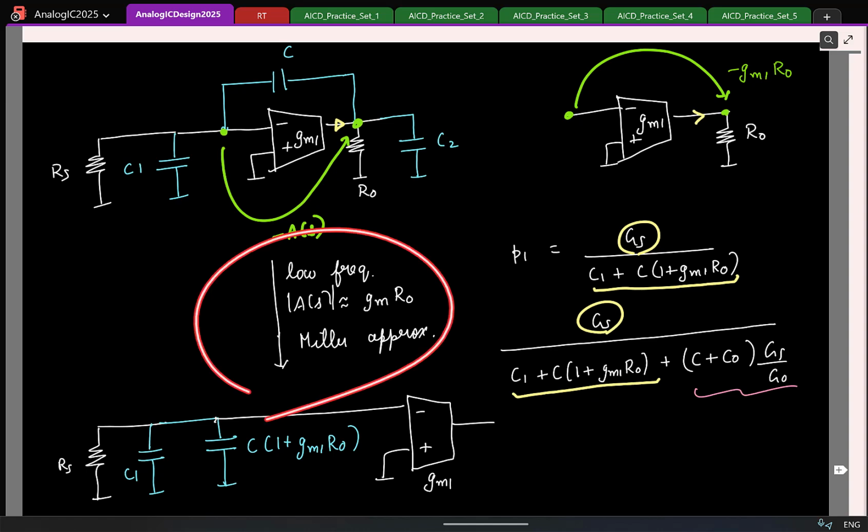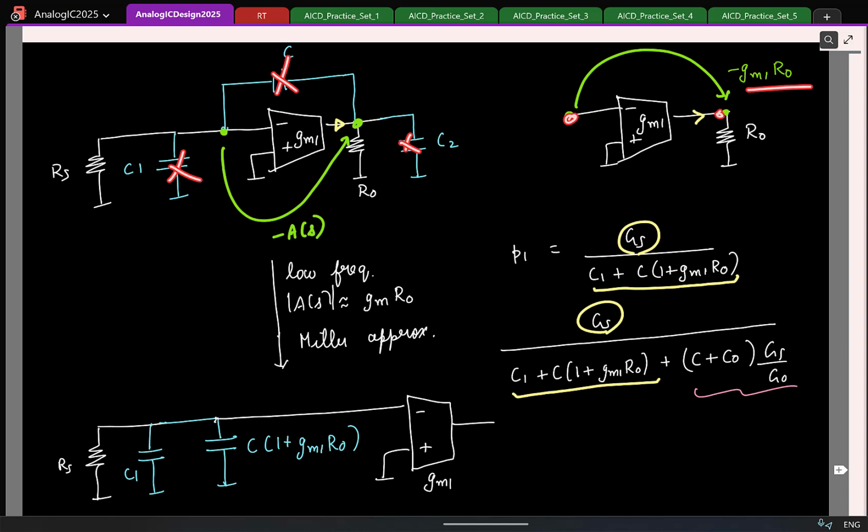We did a low frequency approximation that this gain minus A of S can be approximated as a constant GmR0. So this is not a gain for all frequencies. This is a gain for what frequencies? Low frequencies. Only for low frequencies, as he pointed out, can I assume that capacitors are open. So the gain from this to this is minus GmR0. To put it simply, I cannot use this low frequency gain and compute a high frequency pole.